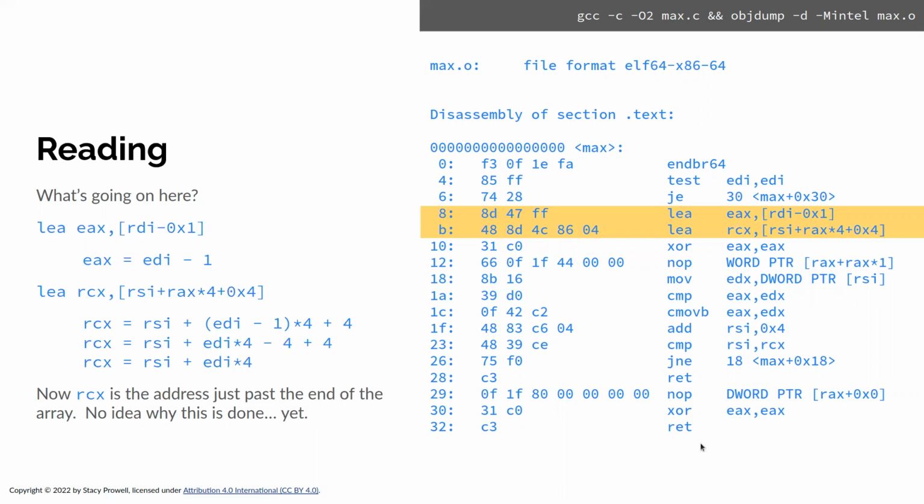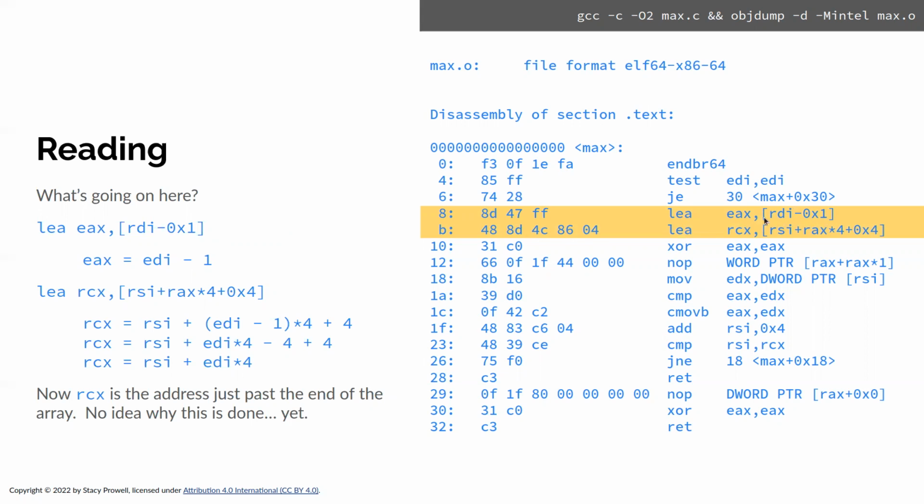Nothing too complicated there. We had the same kind of logic in our program. What's happening here? I see some load effective addresses and some stuff. So here we are going to load EAX with RDI minus 1. Now, RDI is the pointer to our array, and RDI minus 1, is that right?